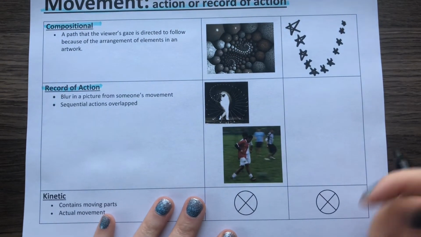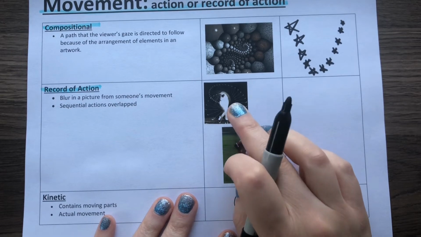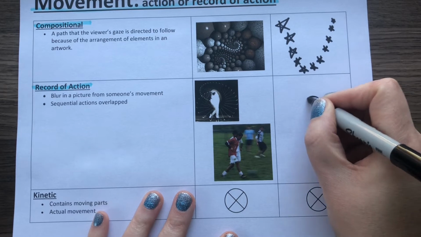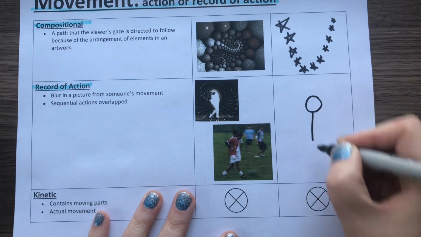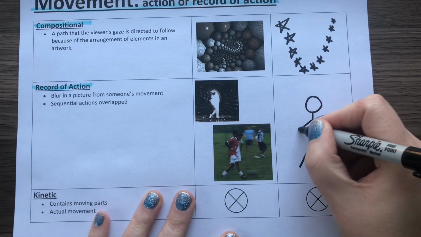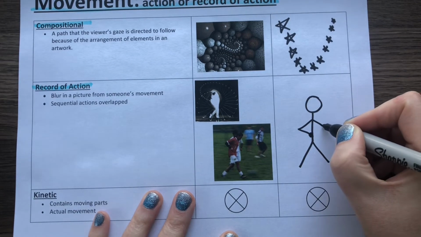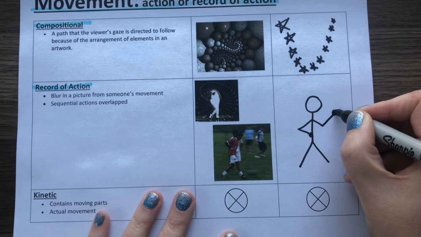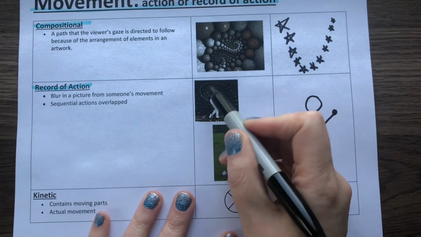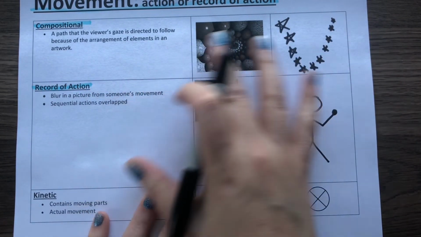And now for the record of action, I'm going to go for this one, the sequential action, the overlapping action. For me, I've decided I'm going to do a person waving. The easiest way to represent a person is with a stick figure, right? I'm going to have mine where he's got his hands on his hips and then he's going to be waving. So here's his arm to start with. Now to show that sequence of actions, when you wave your hand, you're moving it back and forth, right?